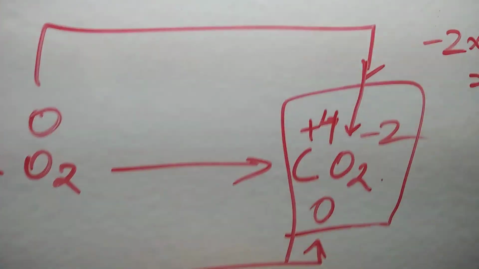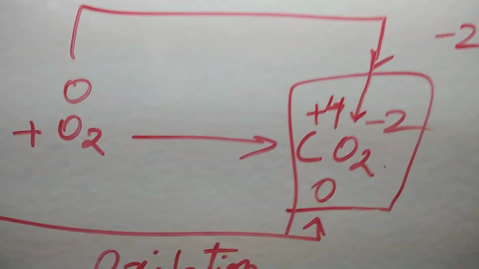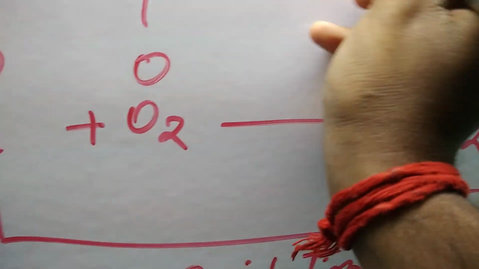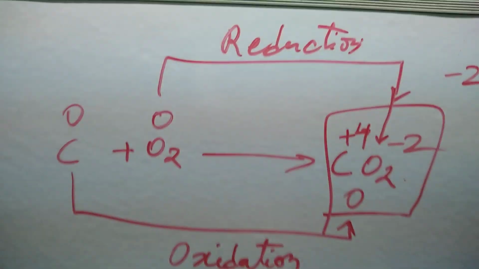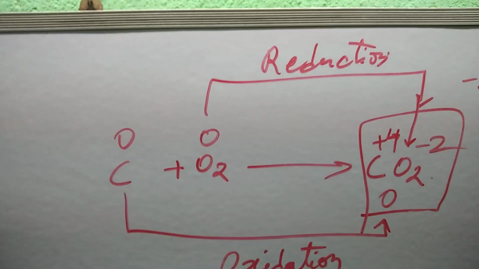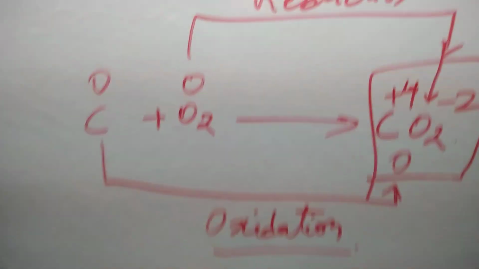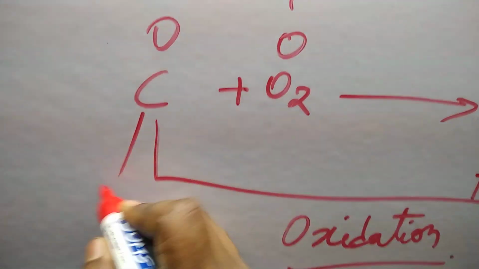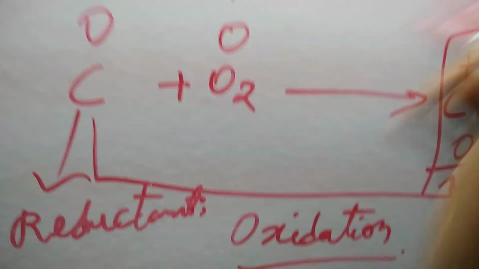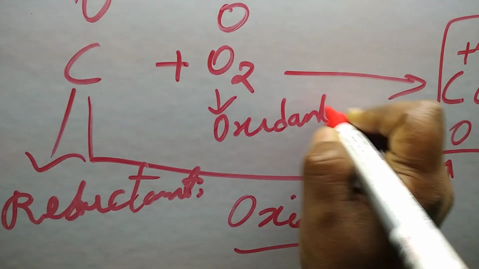That means it is decreasing, and decreasing means reduction. Yes, the oxidation number gets reduced. That means reduction. And if anyone asks you which one is the reducing agent and oxidizing agent, that means reductant and oxidant. For oxidation, carbon is the reductant, and for reduction, oxygen is the oxidant. Okay, students, understand?